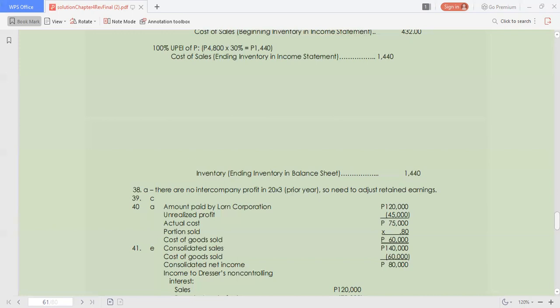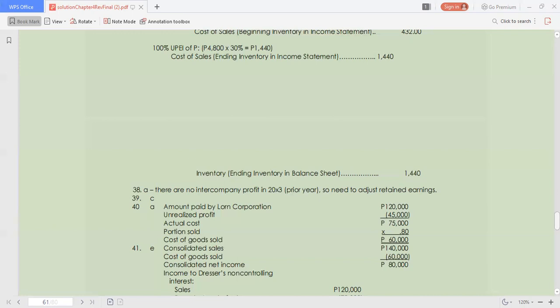What amount of cost of goods sold will be reported in the 20x4 consolidated income statement? The amount paid by Lom Corporation is 120,000. That's the amount of the purchase.